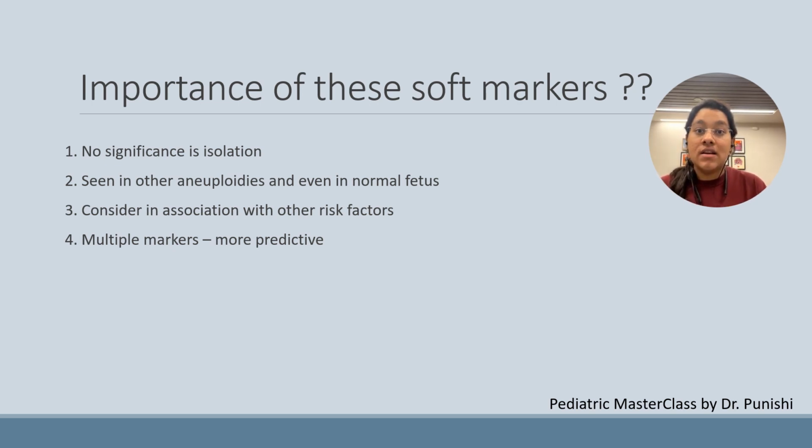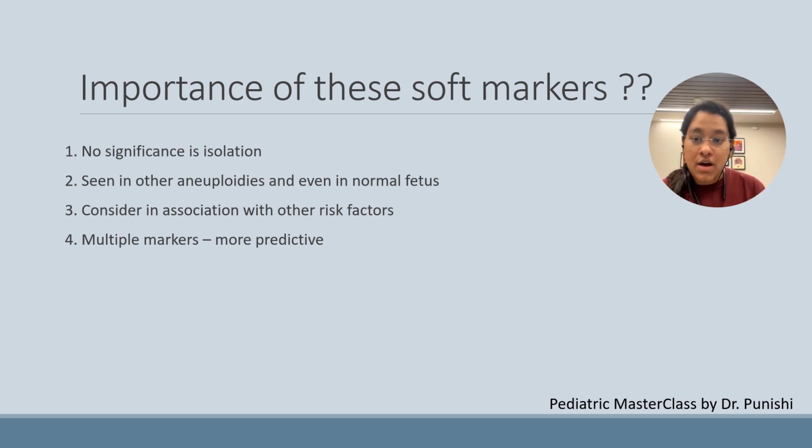We look at the mother's age, we look at the findings from the other prenatal screening tests. Does the mother have a high risk of having a fetus with Down syndrome depending on her age, previous siblings, whether she and the husband have undergone a karyotype, etc. So soft markers per se in isolation are not really given importance. They always have to be considered in association with other risk factors.